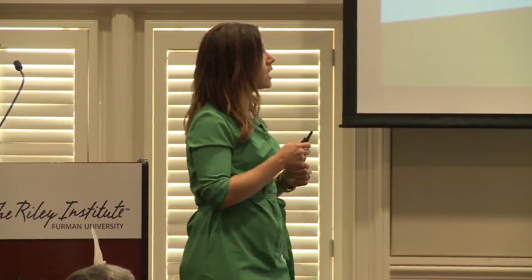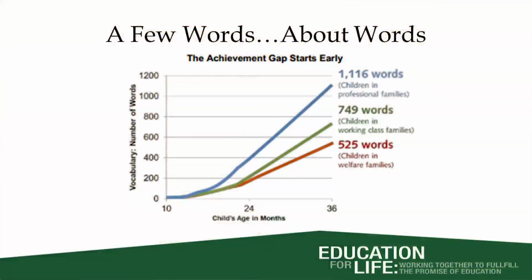And what they did is they went and sat in 42 families' homes over 3 years and recorded their conversations, analyzed those, and then followed up with those kids when they were 9 years old. They found a pretty striking difference in word exposure. So in the kiddos that were in the professional families, on average, they were exposed to about 1,500 more words per day than the peers in other socioeconomic classes.